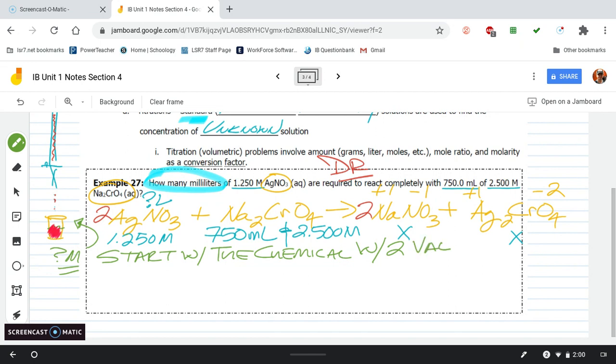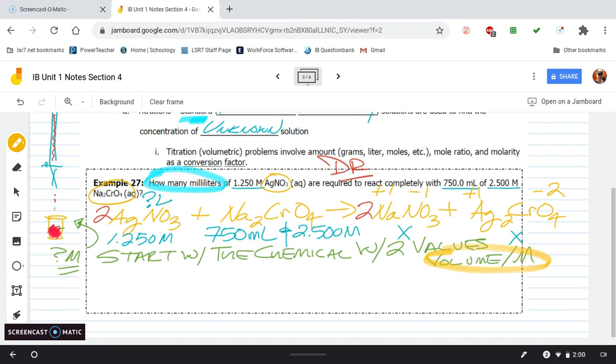In this situation, you should have a volume, and you should also have a molarity. Okay, so whatever has a volume and a molarity, you start with that chemical.